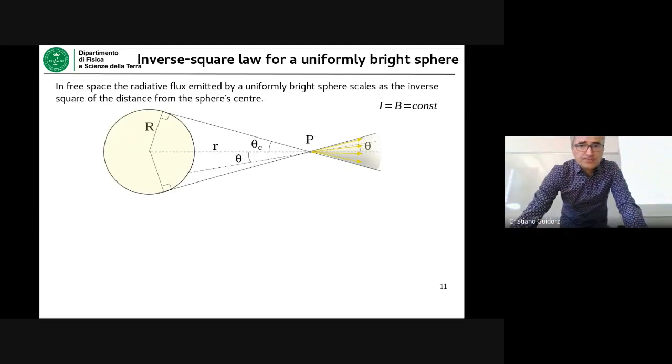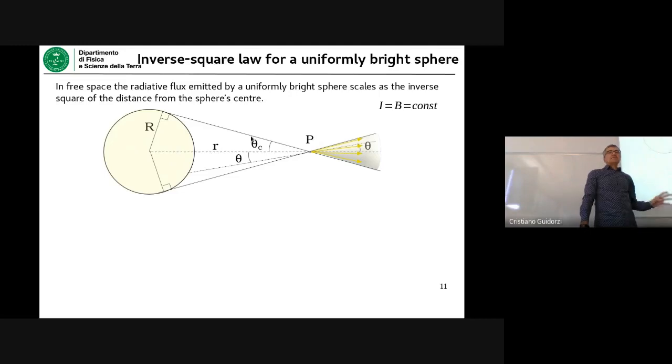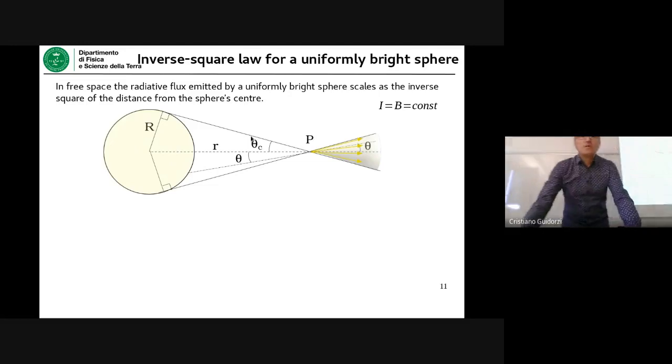Let's assume constant intensity through all the points of the surface, I, which I also call B, just to mean something constant. Let's suppose we want to calculate the flux at a given point, which I call P. I put myself here, P, at a distance R from the center of this star, where capital R is the radius of the sphere.